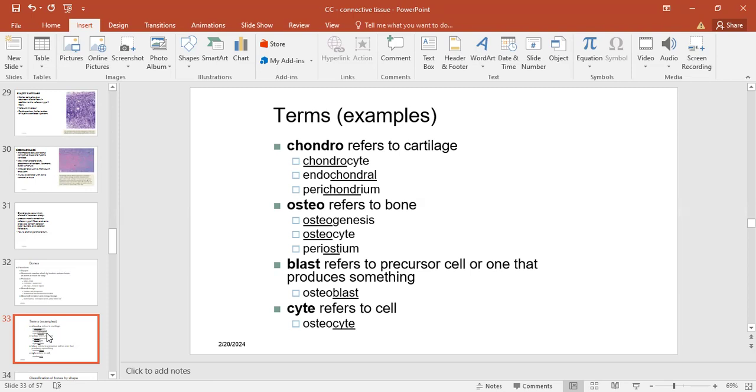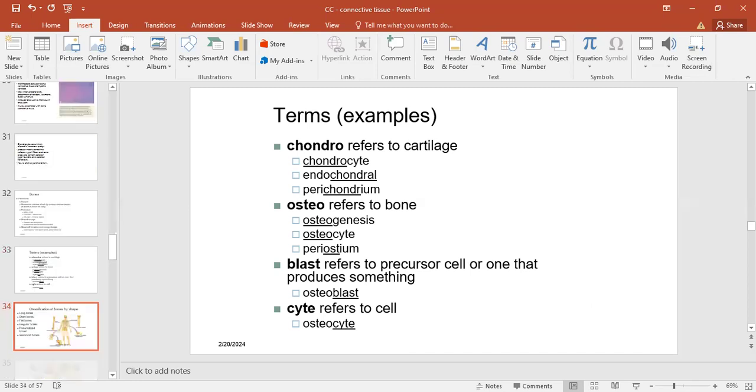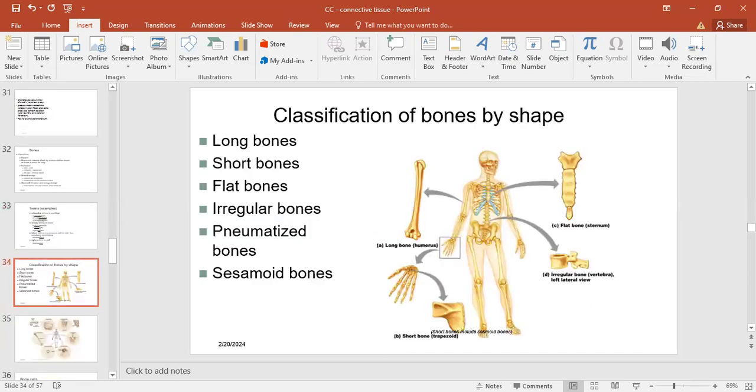You are in your active stages of life. So you would find words like chondroblast, you would find words like osteoblast. That is what that means. And then we have the word cyte, which means cell. Therefore, you may find words like osteocyte. Okay. And then now we look at the classification of bones.